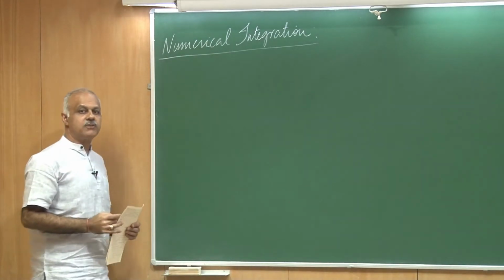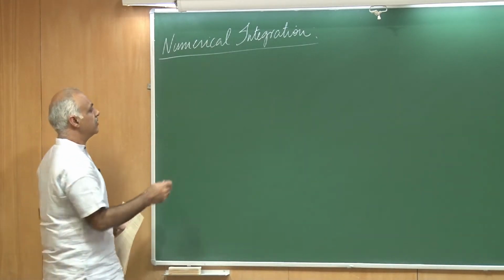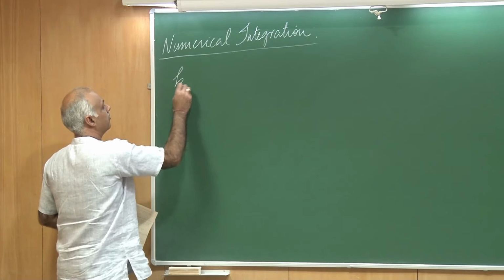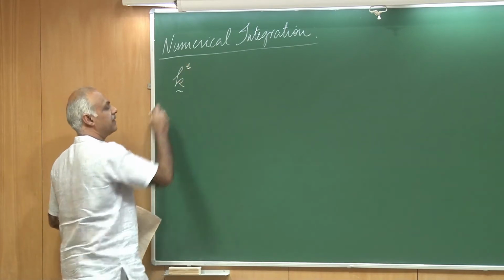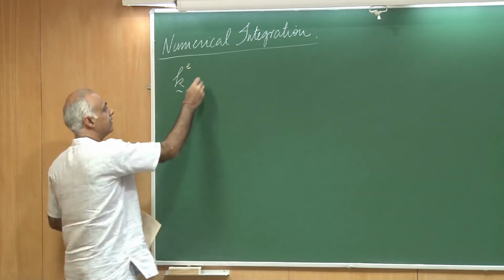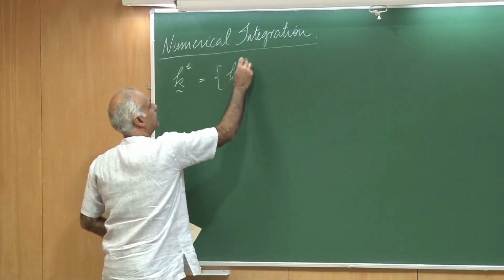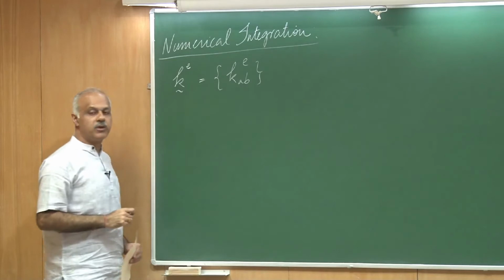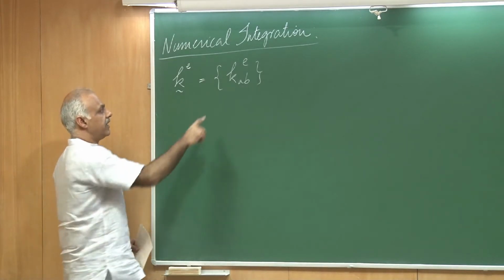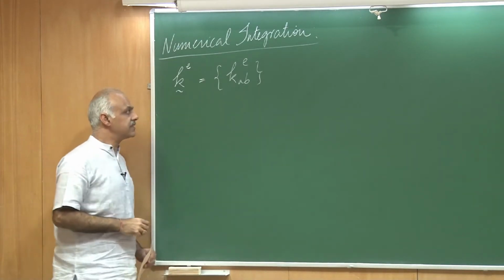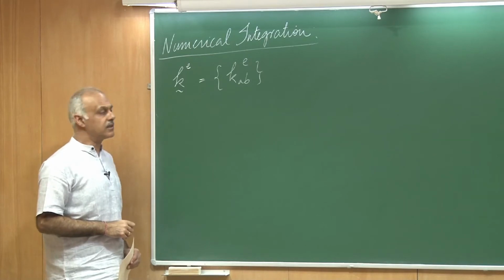Let me first give you the motivation for doing this. So, if you recall, we had this element level stiffness matrix which was consisting of these components K_AB, where A and B are the indices that refer to the rows and the columns.